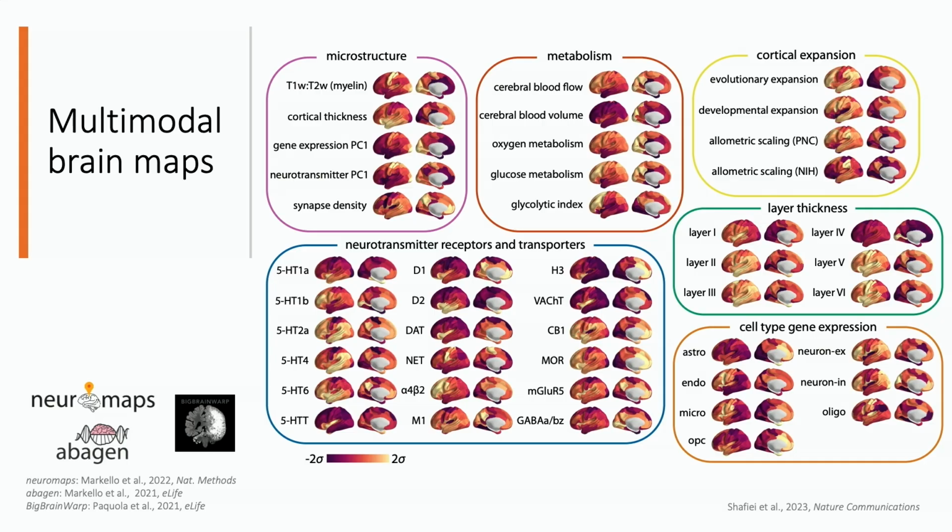So now we're looking at a whole lot of different functional characterizations and a whole lot of different microstructural and anatomical characterizations, one against the other, and trying to find common patterns that explain why they are where they are.